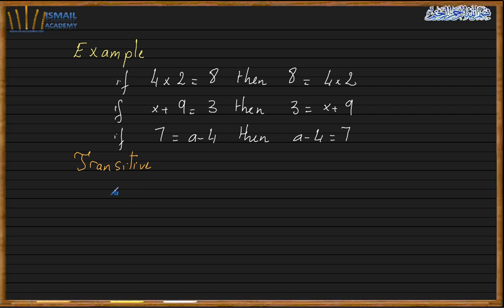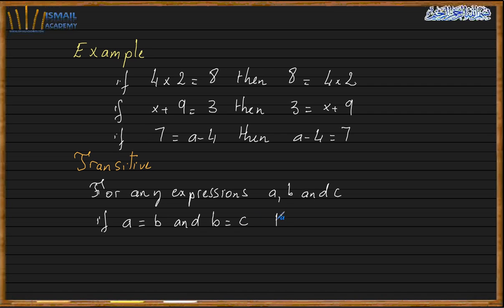For any expressions A, B, and C, if A is equal to B and B is equal to C, then A will be equal to C.